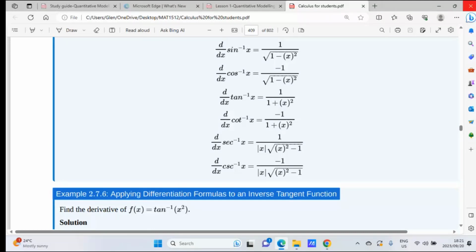The answer was 2x over 1 plus x to the power of 4. Okay, I got the same thing. Let me just see if I can get this thing on here. Yes, I agree, sir. Okay, can you guys see that picture? Not yet.